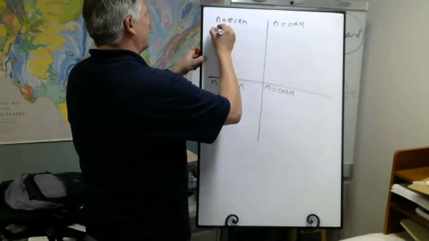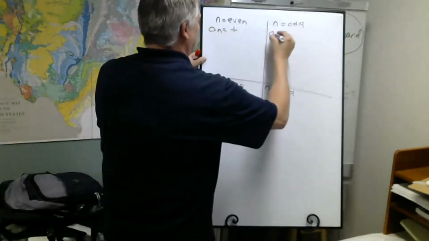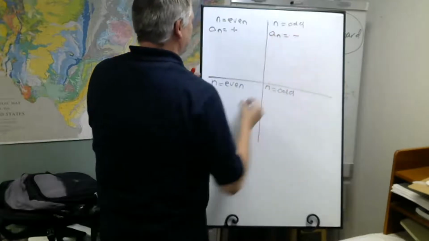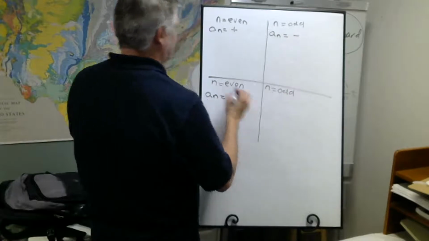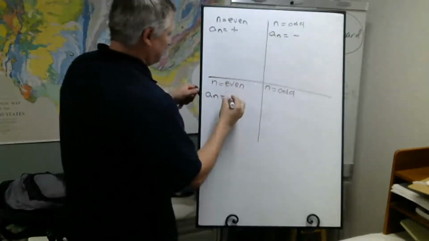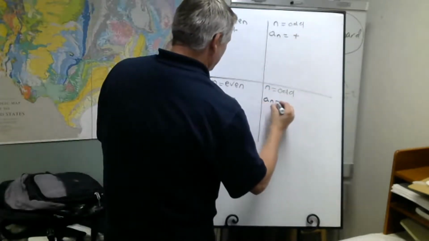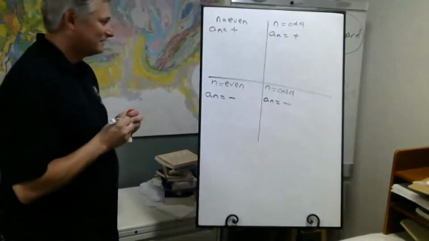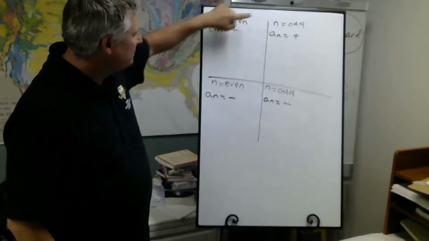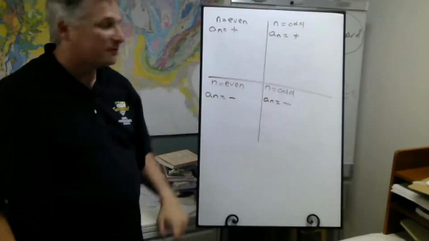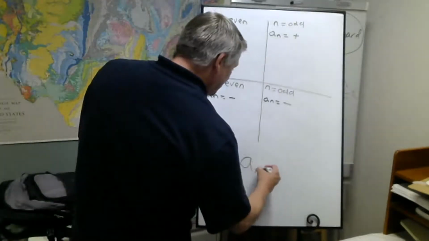And here's a sub n equals positive, a sub n equals negative. We gotta mix this up a little bit. Let's say this will be negative, we'll make this one positive. A sub n equals negative. So we have all possible combinations: even positive, even negative, odd positive, odd negative. And again, we're thinking about this term. And this is our lead term.